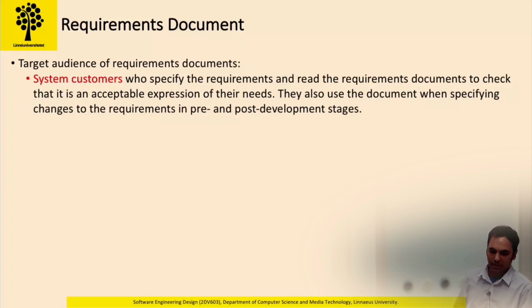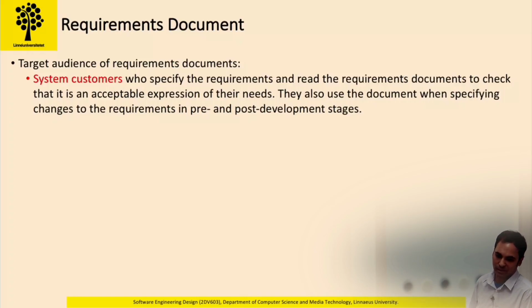So who is the target audience of the requirements document? The target audience is the same as the stakeholders. Primarily the system customers. They are the ones proposing or specifying requirements, and they also receive this requirements document when you are delivering the product.